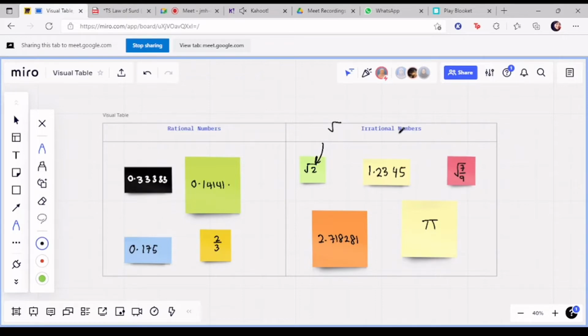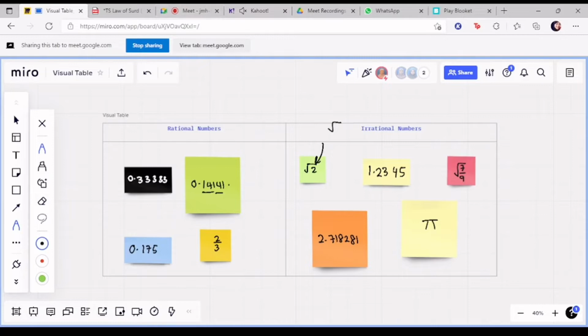Other than that, for rational number, we have a repeated number. Okay, we have repeated number. Okay, very good. I can see that you can observe the differences, right?